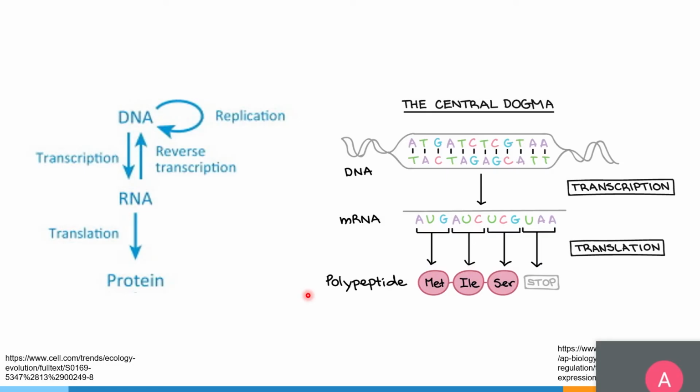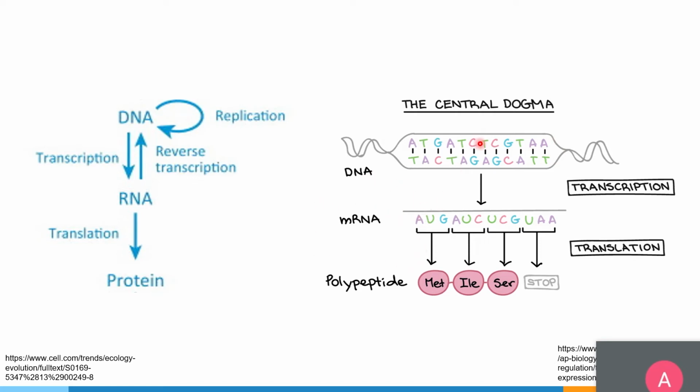Let me first present to you the central dogma, which obviously you would have some idea of. The central dogma was presented by Francis Crick. It tells us that DNA is the carrier of genetic information in the cell, and it can be transcribed into RNA or mRNA.